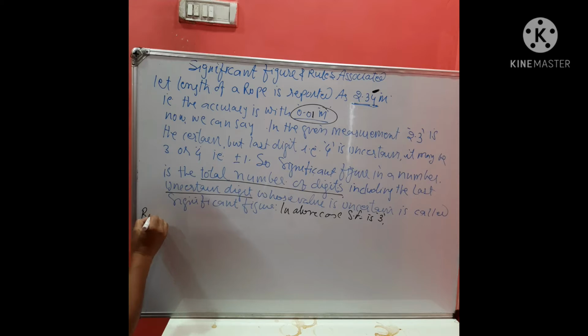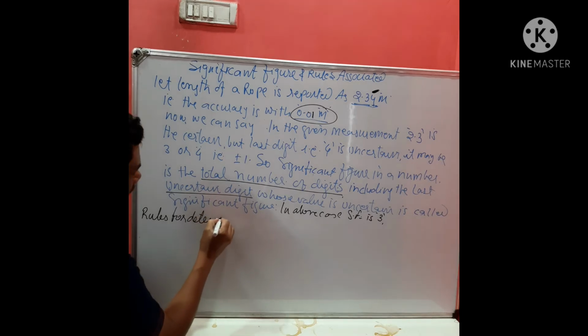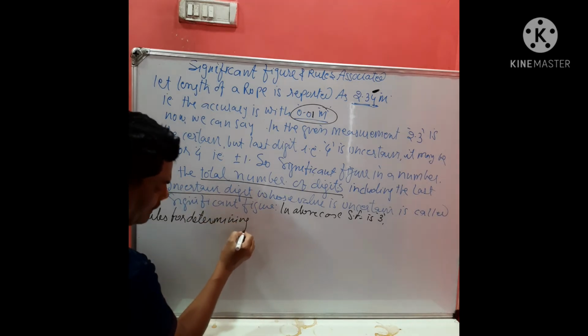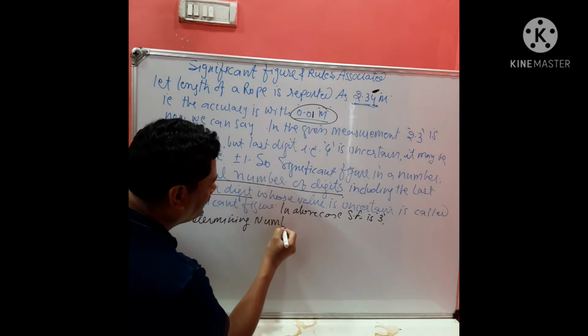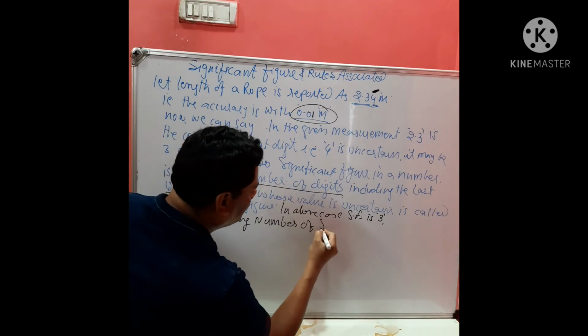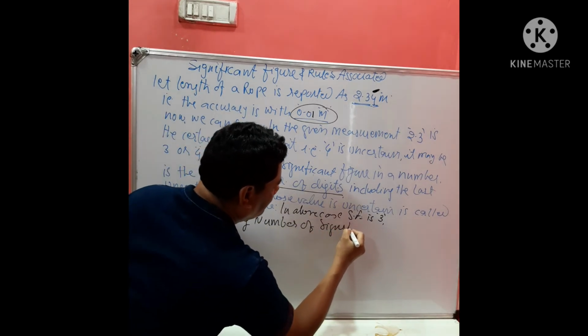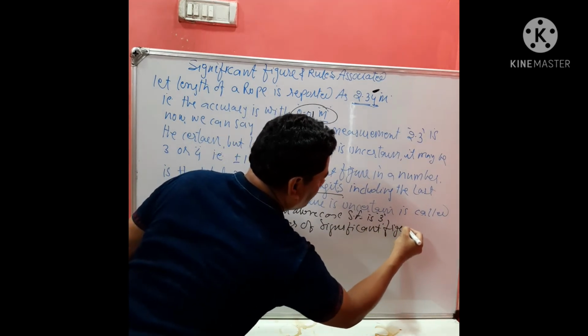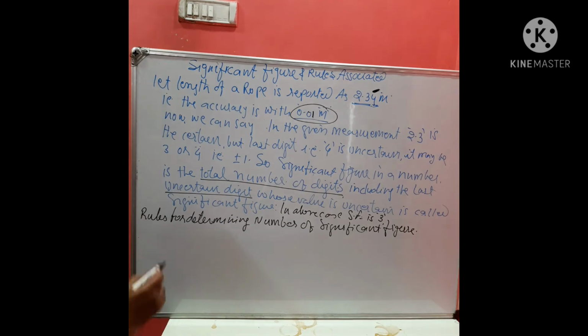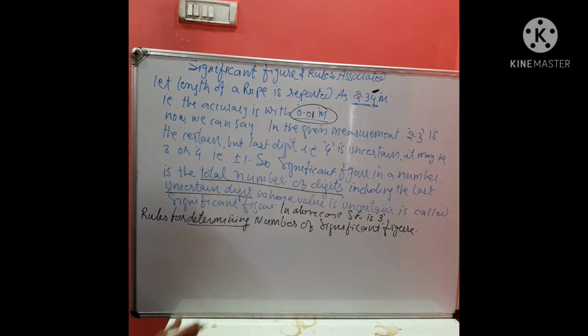Now, rules for determining the number of significant figures, that is, in which case what will be the significant figures in the given number.